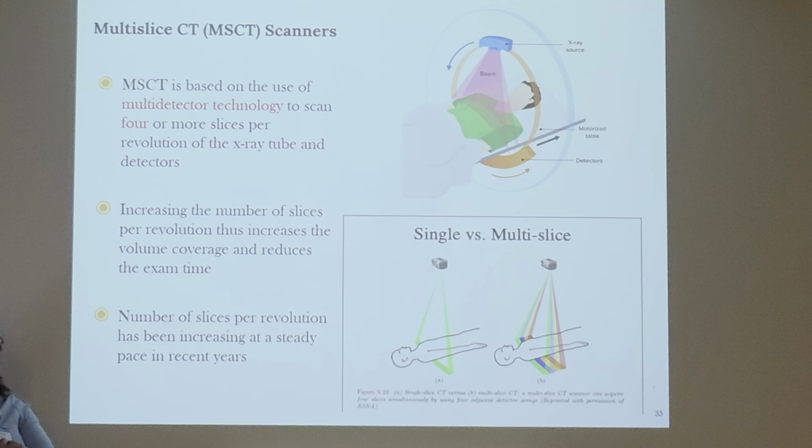I will pause there for dramatic effect. We're good? Don't need to labor on this anymore? So what's the difference with a multi-slice CT? You're increasing the number of slices per revolution.